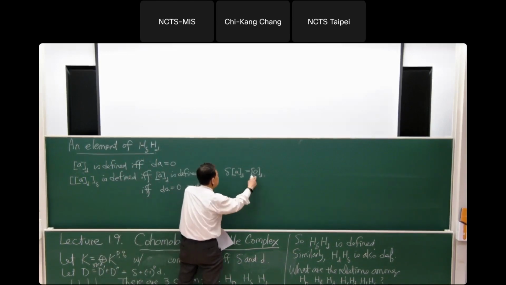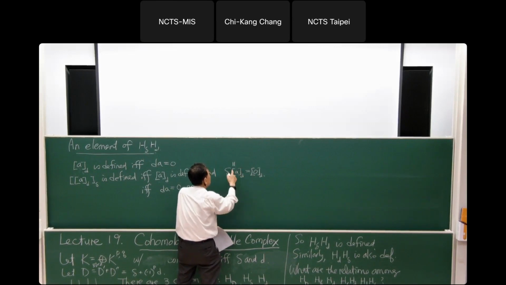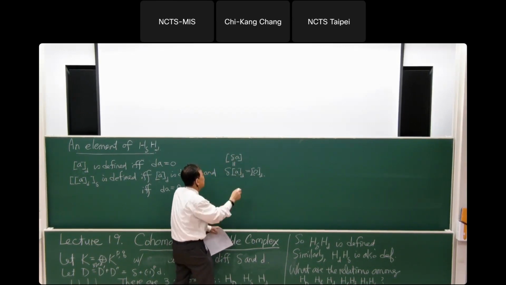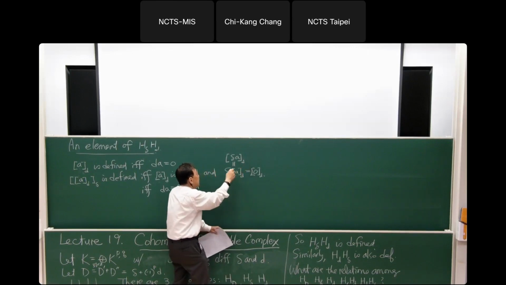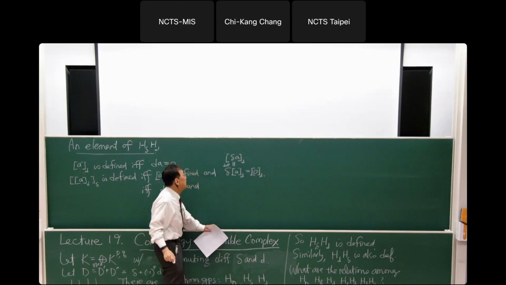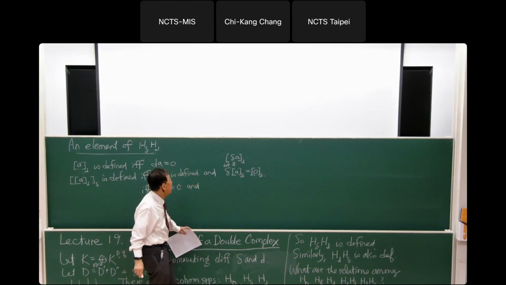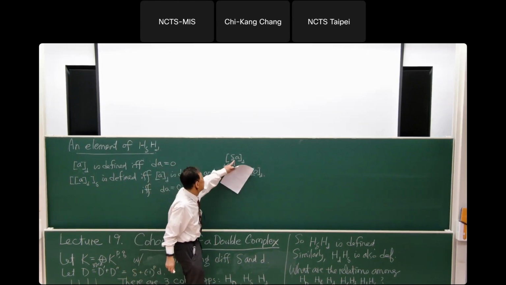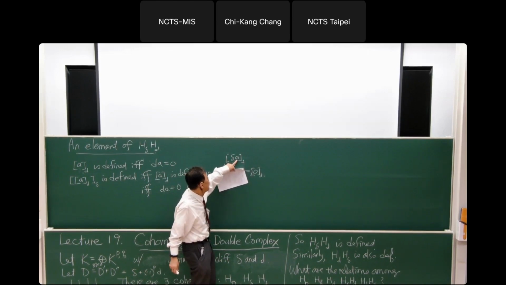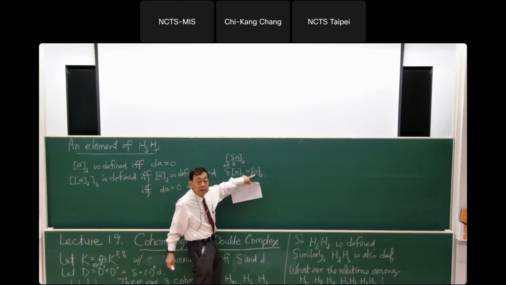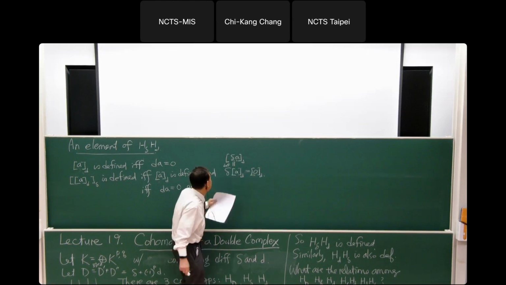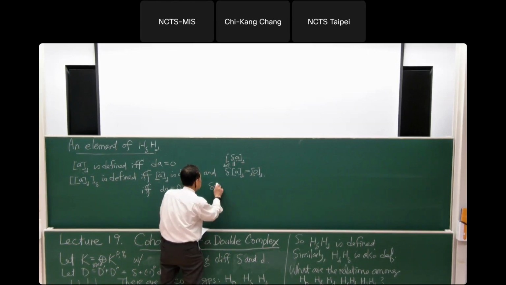What does this mean? The way we define delta of a class is the class of delta A. That's the definition, right, of delta on HD. And so this says delta A has to be 0 in D cohomology, okay? So what does that say about delta A?